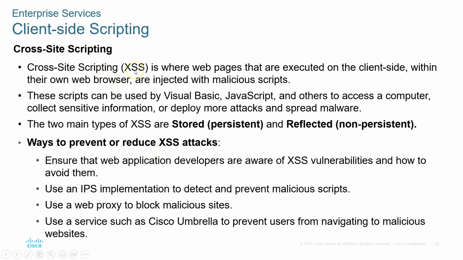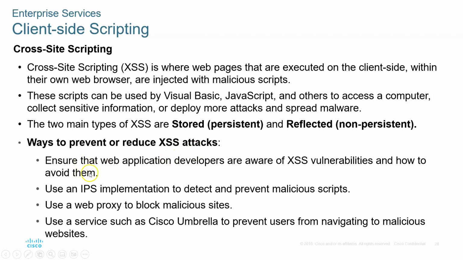XSS is where you have web pages that are executed on the client side. So you went to a web page, they send you a web page, and in that web page there are scripts that have to get executed in your browser when it's received. And those scripts could be malicious. That's called cross-site scripting. Those scripts are on the web page that you got, and they're being executed on your machine, and that could be a problem, right?